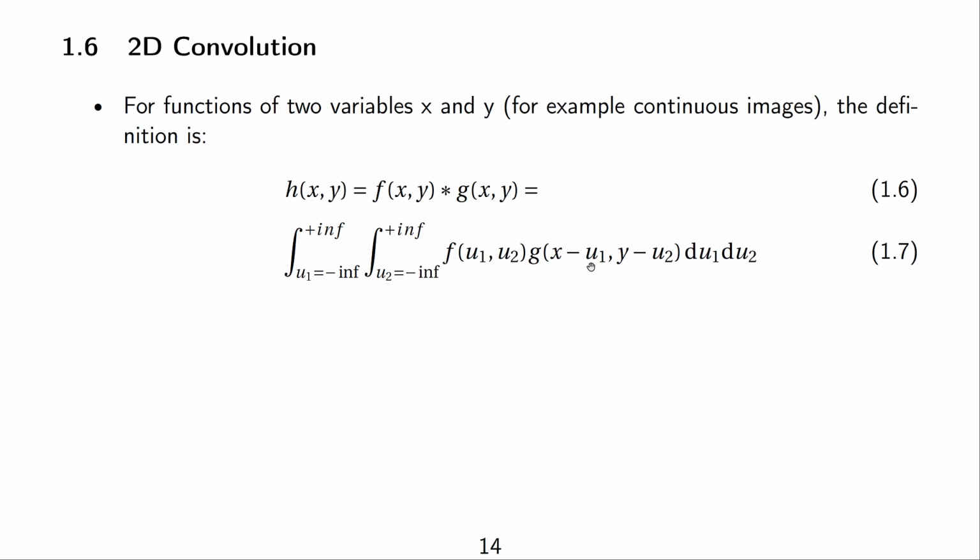You can think of this as the x coordinate and y coordinate offset that is used to translate this function. And now we have a two-dimensional integral, so we'll integrate over the one axis u1 and the second axis u2, and we'll have a two-dimensional integral that gives us the area of the component-wise product between these two functions.